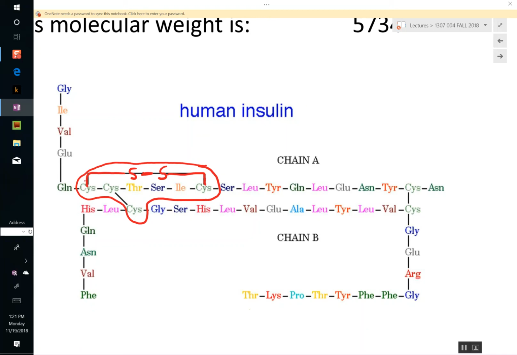All right, now we've got one more cysteine. This cysteine is this one, and it is going to bind to the second cysteine right here. Okay, so now form a sulfur-sulfur bond. So take that off. There you go. So this is where chain B would begin, or would come off of.